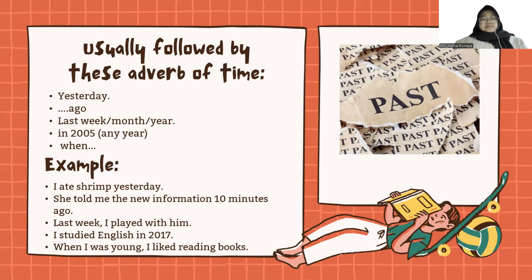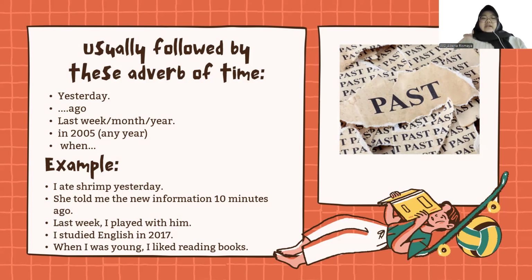And also ago: a week ago, a month ago, a year ago, it means that the action already finished before today. And also you can say a specific year. For example, I was born in 1998. That indicates you were born back then in 1998. Now you are an adult.